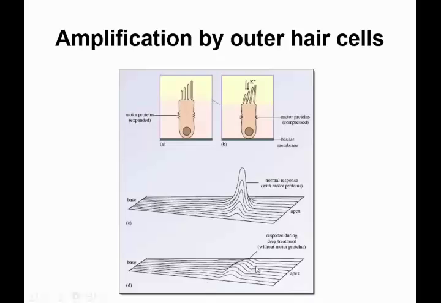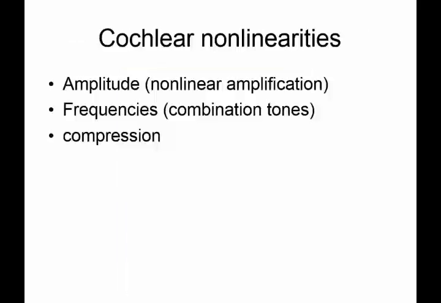Linear means there's no compression, there is no frequency interaction, there's no tone going down if you're deaf. If you have normal hearing, it is non-linear. You have the massive increase, 100-fold increase in amplitude because of the outer hair cells.